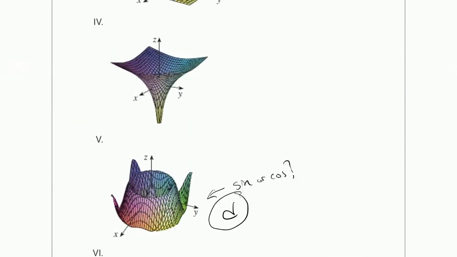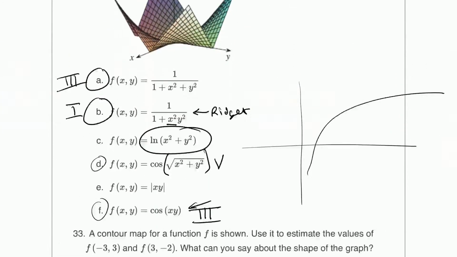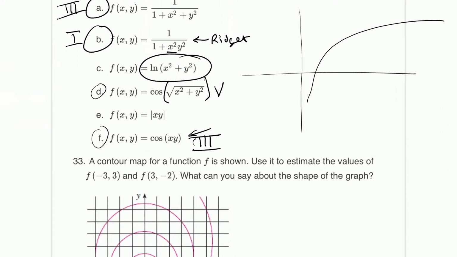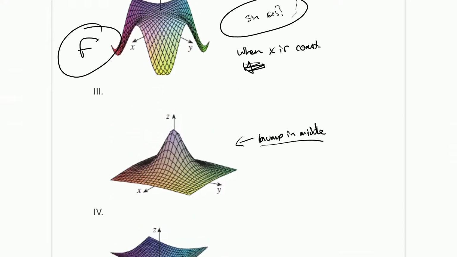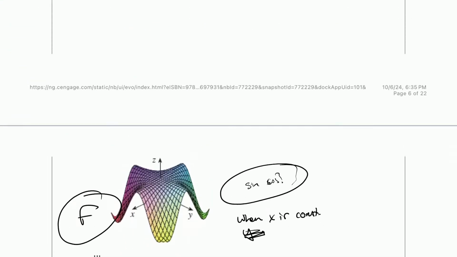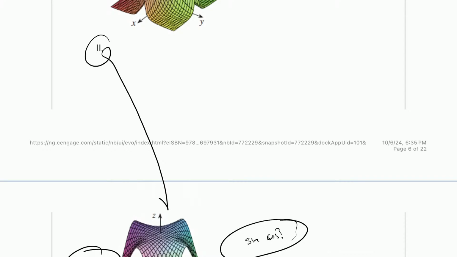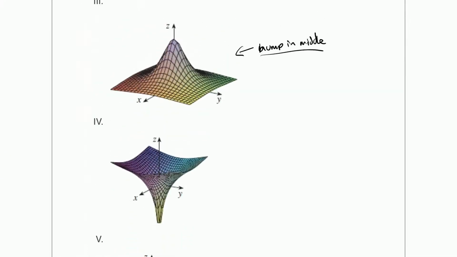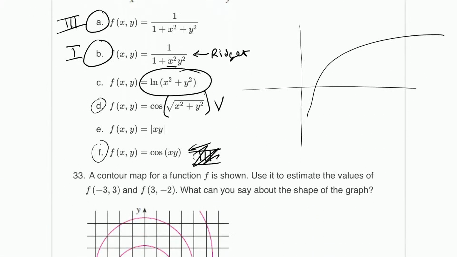I think the bottom one is supposed to be... Oh, this is Roman numeral 2. Okay, so that one should be Roman numeral 2.